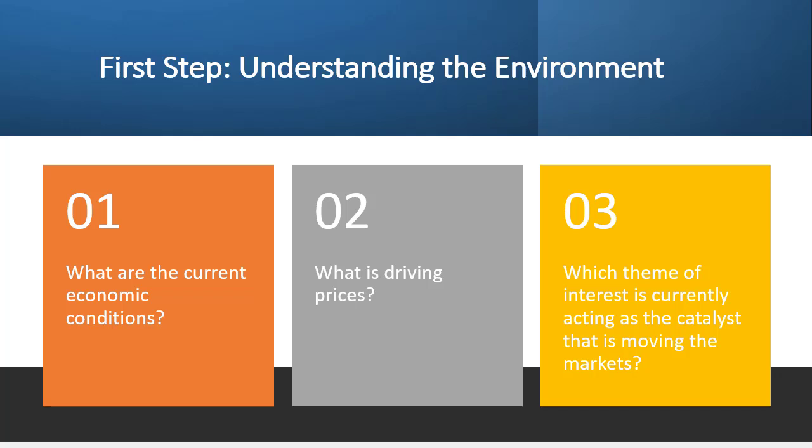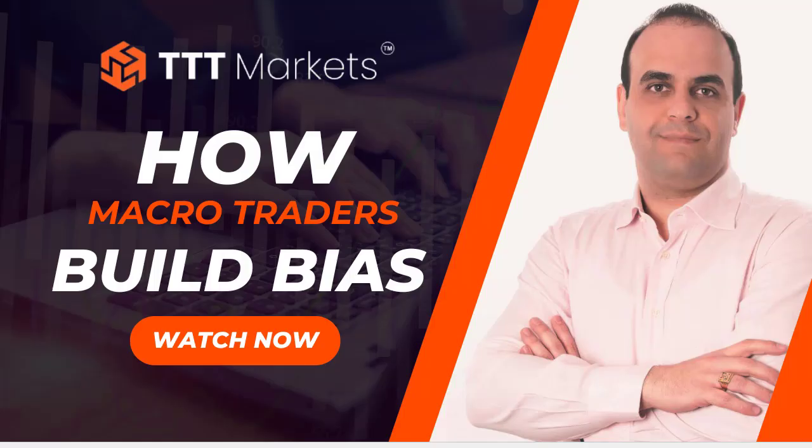So this is all against the US dollar. You have to understand what is driving prices, what is the key theme, which theme of interest is currently acting as the catalyst that is moving the markets. So you have to understand this so you can understand the bias in the economy. If I go, let's say, to the main headline, how macro traders build bias, you need to understand first what is affecting the economy.